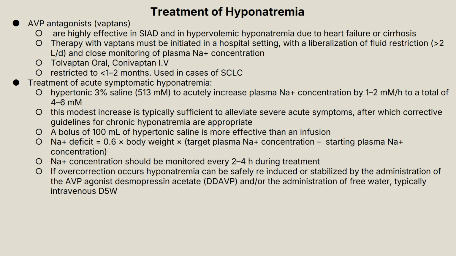For a patient whose weight is 100 kilograms, 0.6 times 100 is 60, and times 10 is 600. So 600 millimoles is the total sodium deficit in this patient, and he should be corrected no more than 600, over a period of time so as not to exceed 8 millimoles per day.